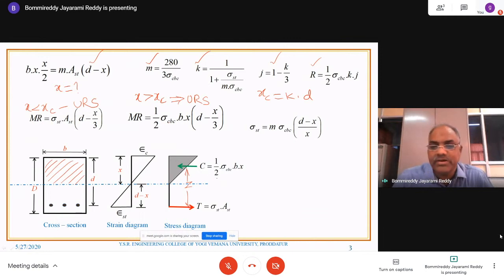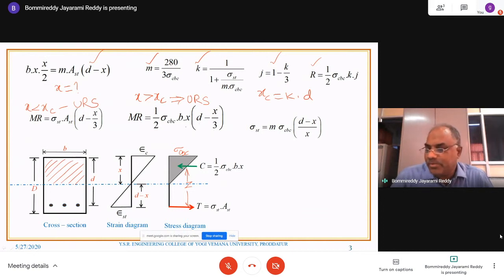C is nothing but half into sigma CBC into B into X. That is simply average stress. Average stress is 0 at the neutral axis and at the top it is sigma CBC, so 0 plus sigma CBC by 2 multiplied by the area of concrete. That is called the compressive force, multiplied by lever arm d minus x by 3.